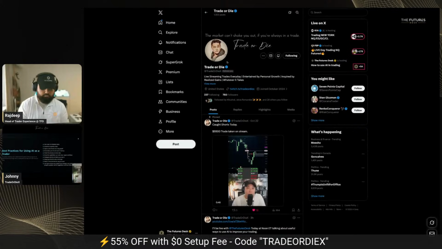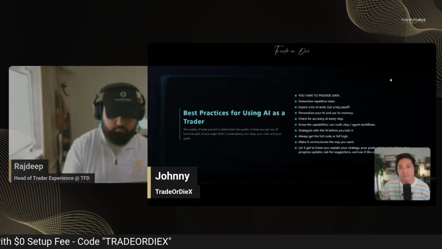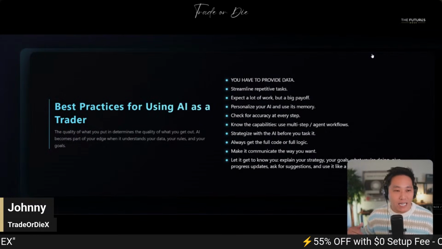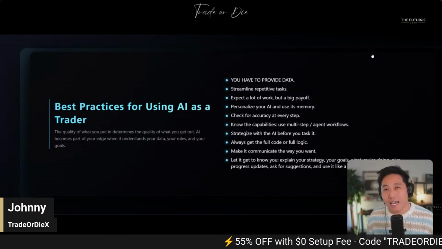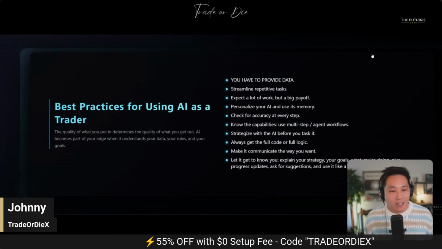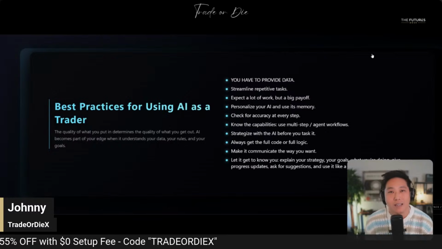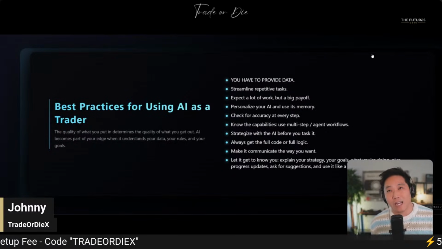Best practices: you have to provide the data. So when I was first using AI, I would say, hey, go look at price action on NQ for today and give me some significant levels. And after using it for a good amount of time, trying to test its capabilities, I realized that it's not going to give you accurate data.